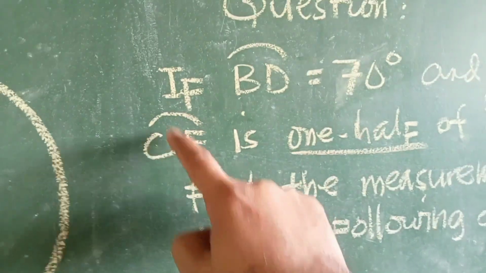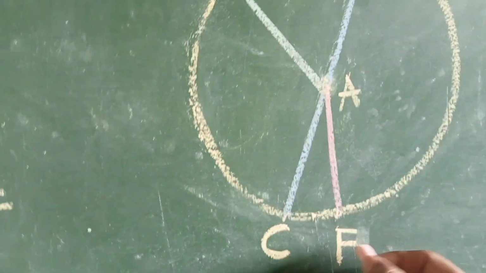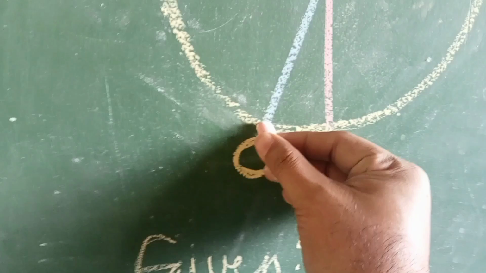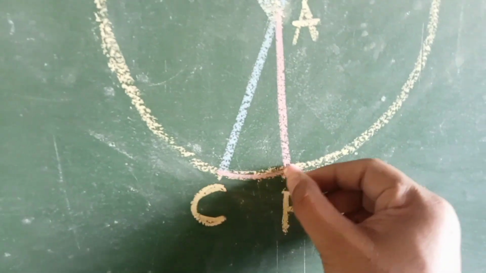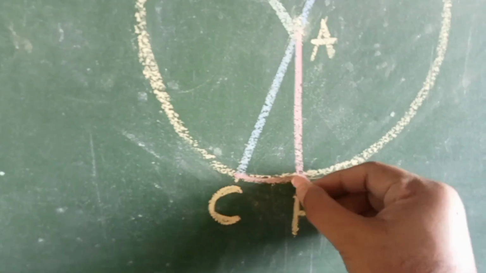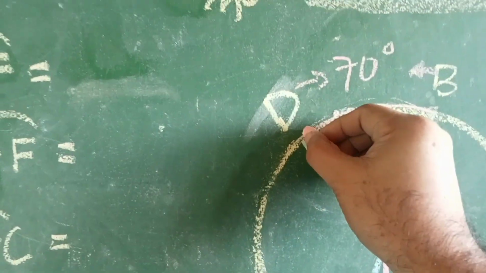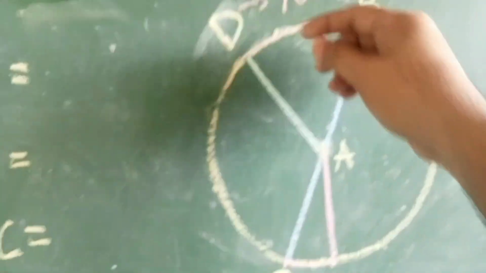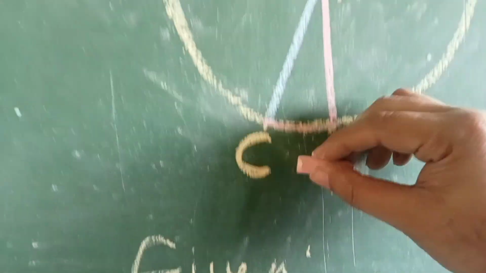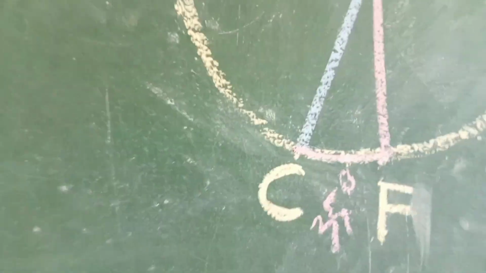Arc CF is 1/2 of BD. So where is CF? This one, starting from point C going to point F. The measurement of this arc is 1/2 of arc BD. So if BD is 70 degrees, you would conclude that the measure here is 35 degrees.